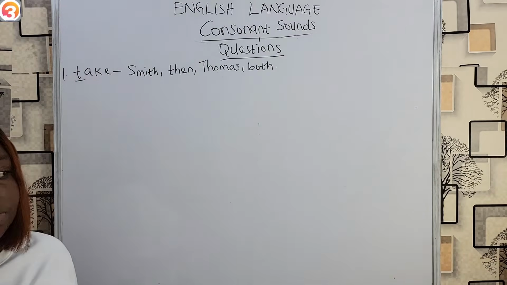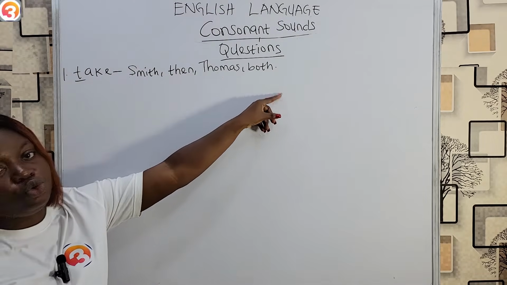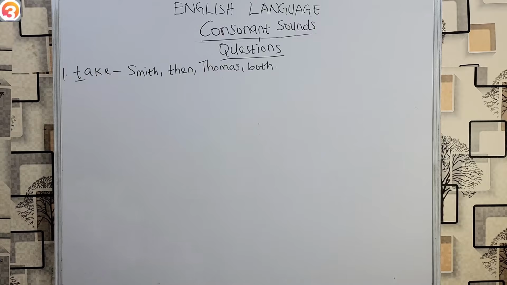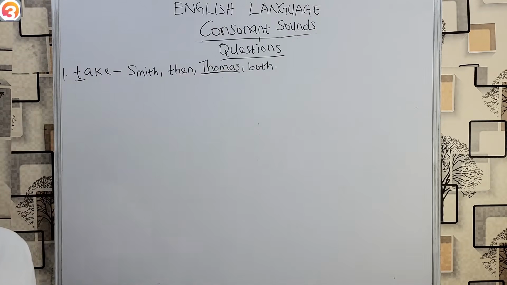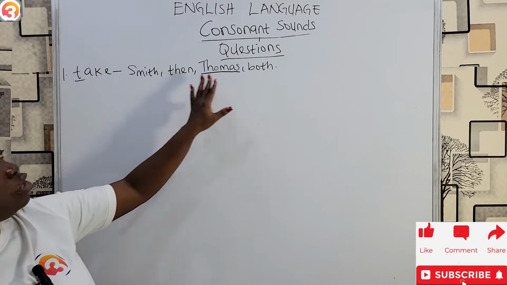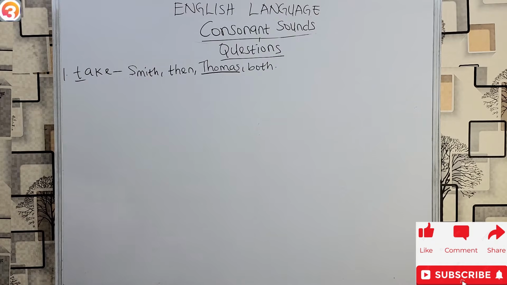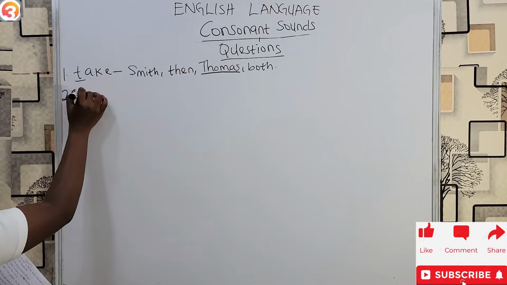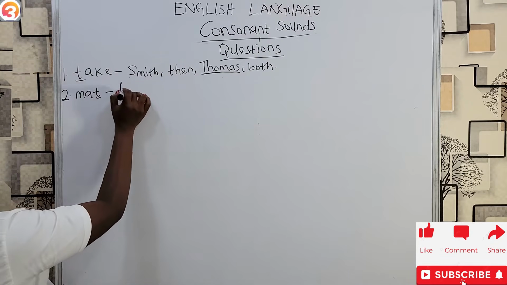Like I said before, normally in consonant sounds, words containing TH are not grouped under consonant T, but the exceptions exist, like Thomas. So the TH there actually contains consonant T, while the TH in these other words contain a different consonant sound altogether. Another example, we have mat. T is underlined again.